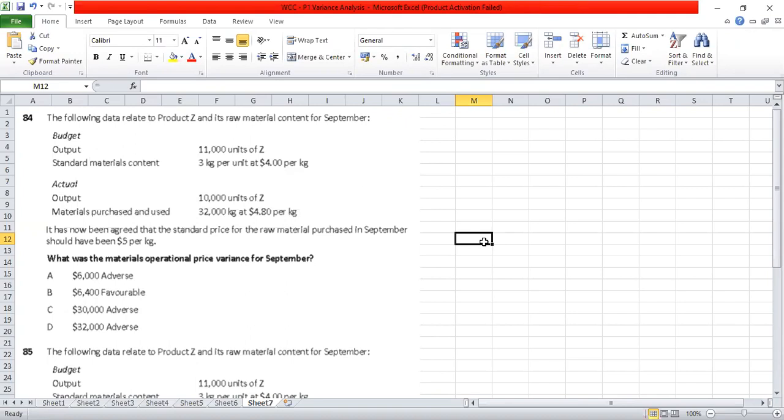But how much did they decide? They decided it at $4 per kg. So the standards were decided at $4 per kg, but it is opined that it should have been $5 per kg. That is what they agree.